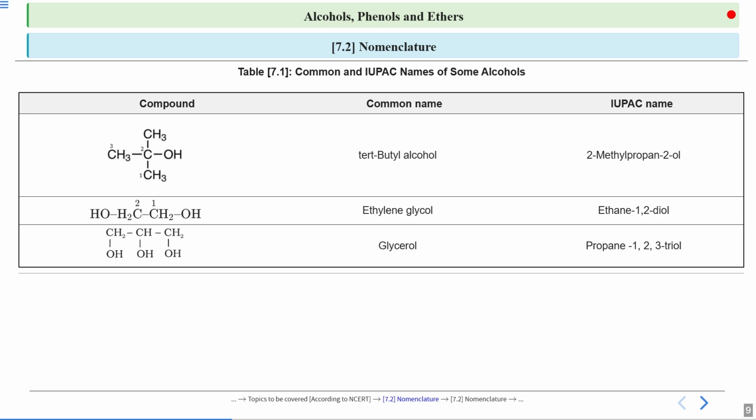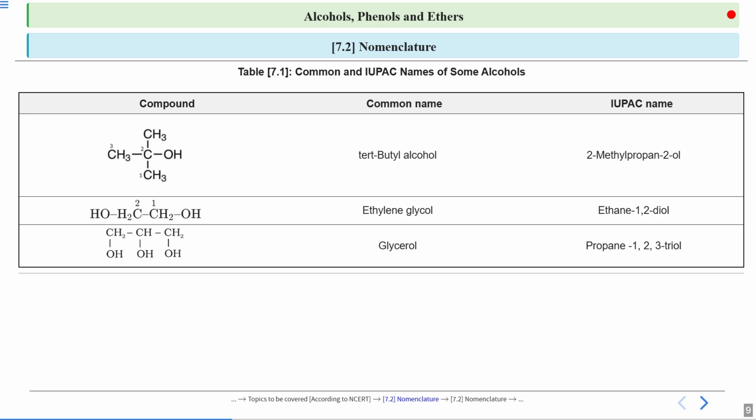Next compound is a special one because it contains 2 OH groups, which are attached to the adjacent carbons. So this is ethylene glycol. The common name is ethylene glycol, and the IUPAC name is ethane because of the 2 carbon chain. So ethane-1,2-diol.